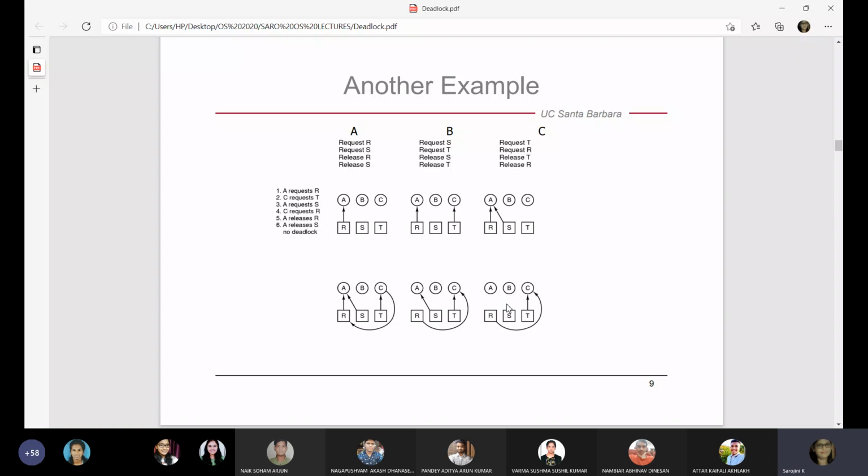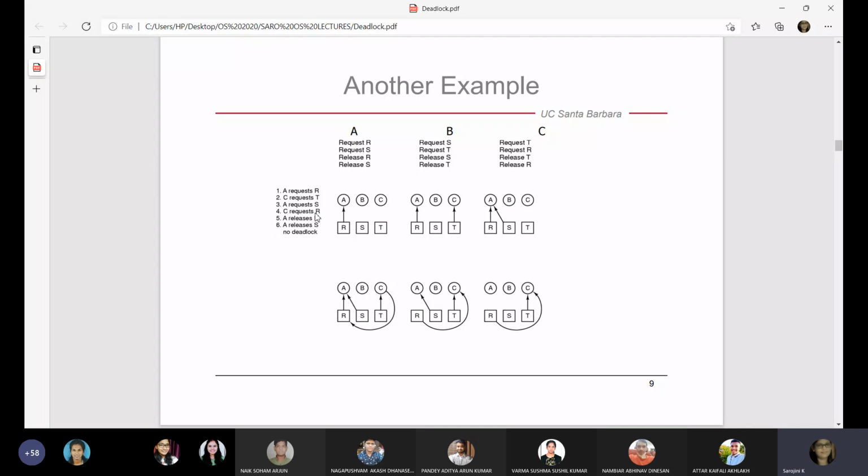So A requests R, allocated. C requests T, allocated. A requests S, and currently S is free, so it got allocated. Then C requests R. Look at the fourth step.